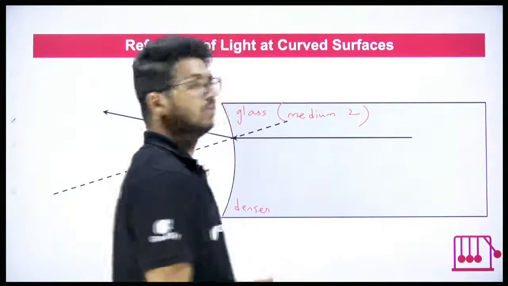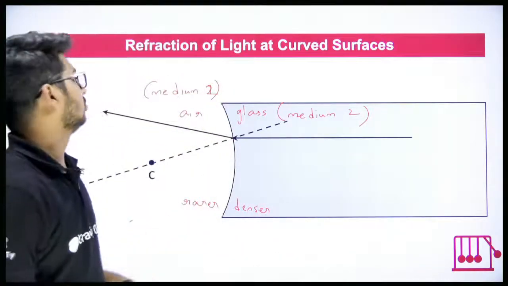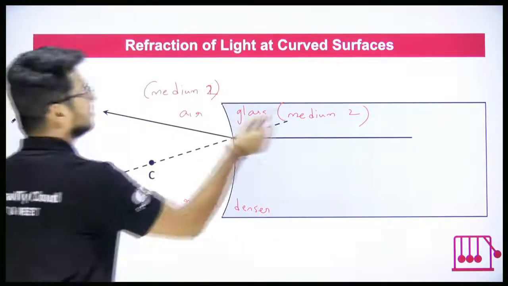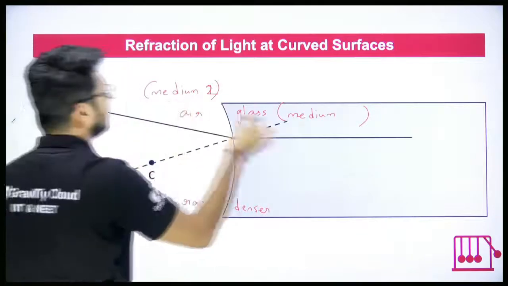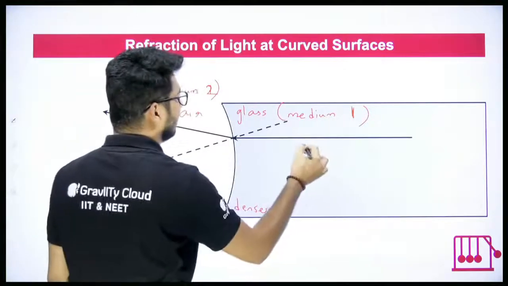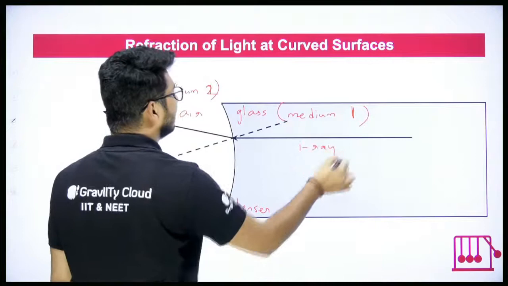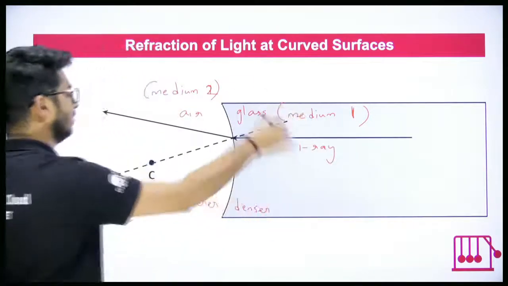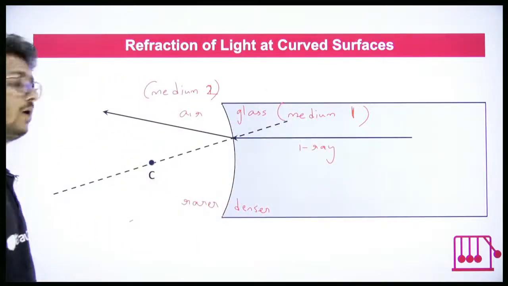When we go into the formula part, you will understand why it is so important. Sorry, my mistake, glass is medium 1. This is the incident ray. The medium in which there is the incident ray is medium 1. Good? Okay.